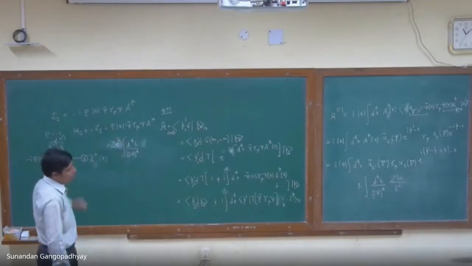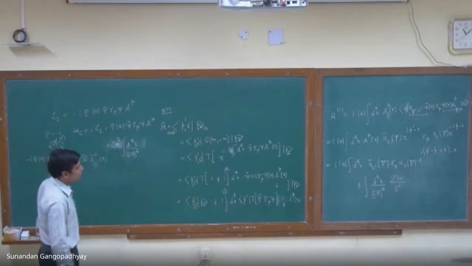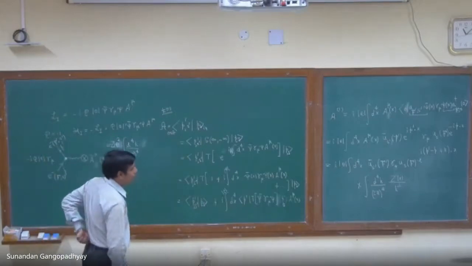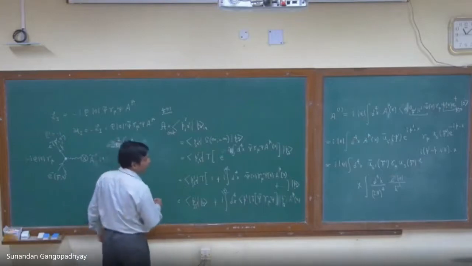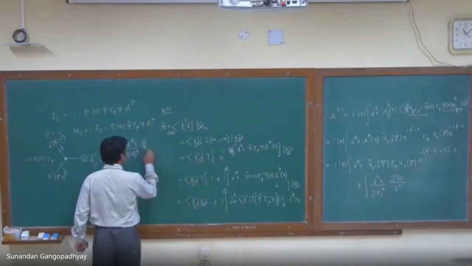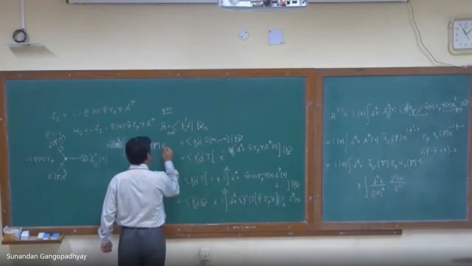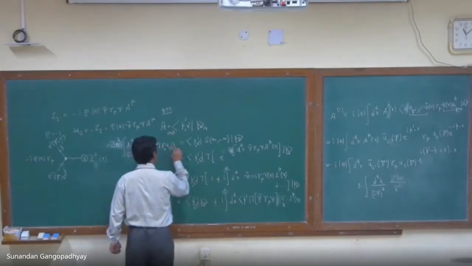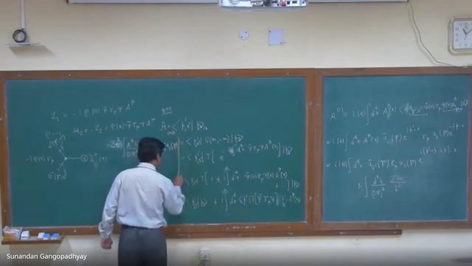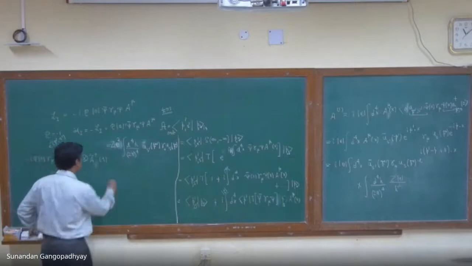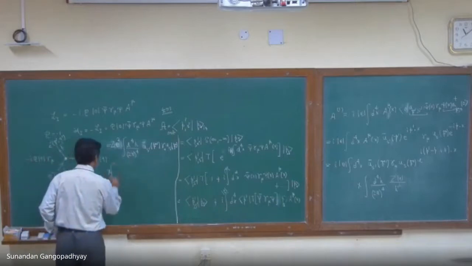So this becomes Z e square d^4k by (2 pi)^4, and then we have u bar s prime gamma 0 u s, and then we have the integration over x.